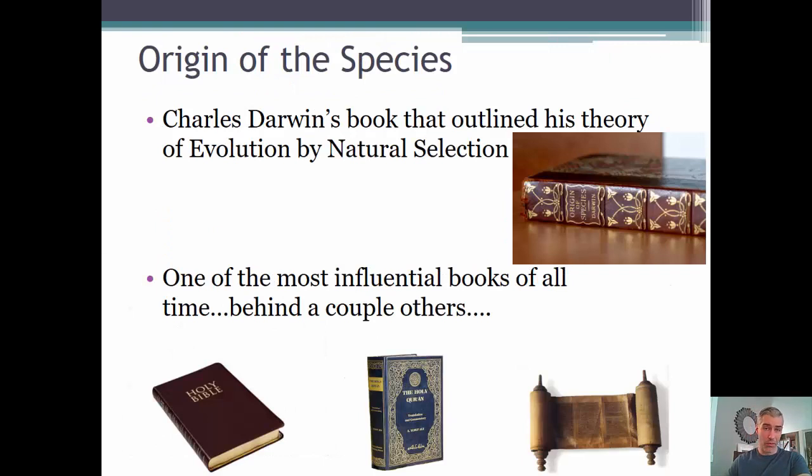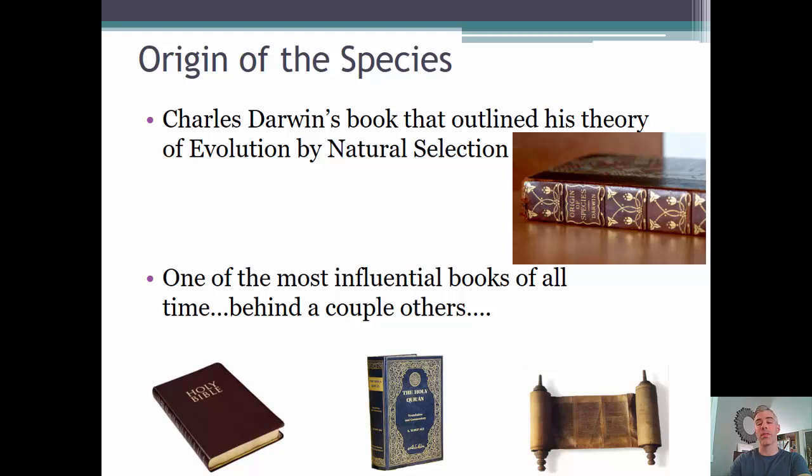So when Darwin got home from all of his travels aboard the HMS Beagle, which is the ship that he took to the Galapagos, he took years and years to come up with the background, the evidence to support his theory of evolution by natural selection.